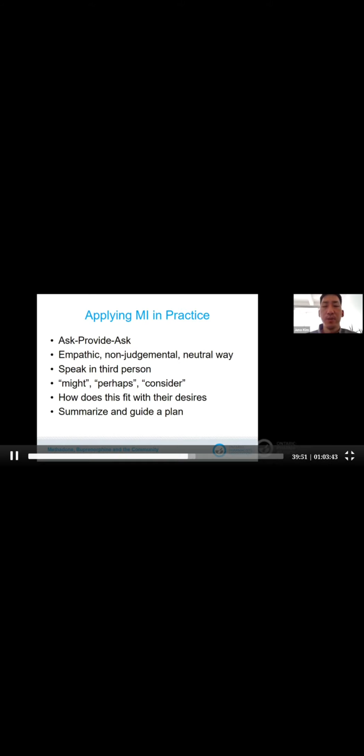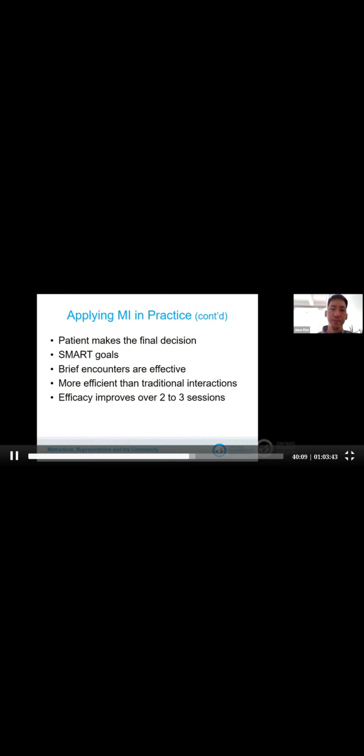Speak in the third person, and you can use might, perhaps, consider. And how does this fit in with their own desires that they've stated to you? And then importantly, summarize and guide with a plan at the end of the discussion.